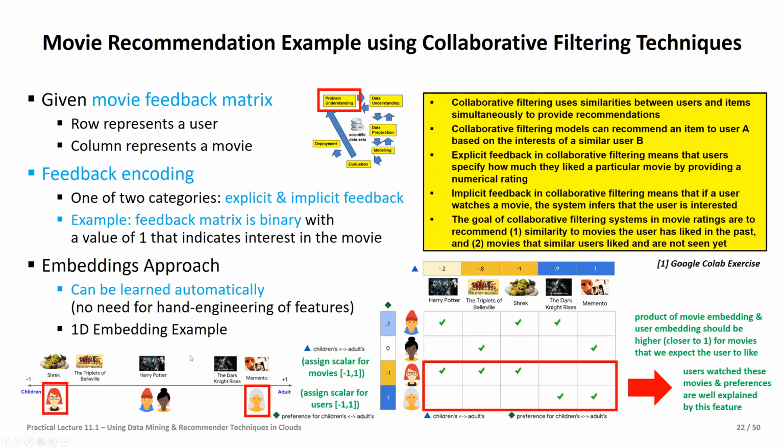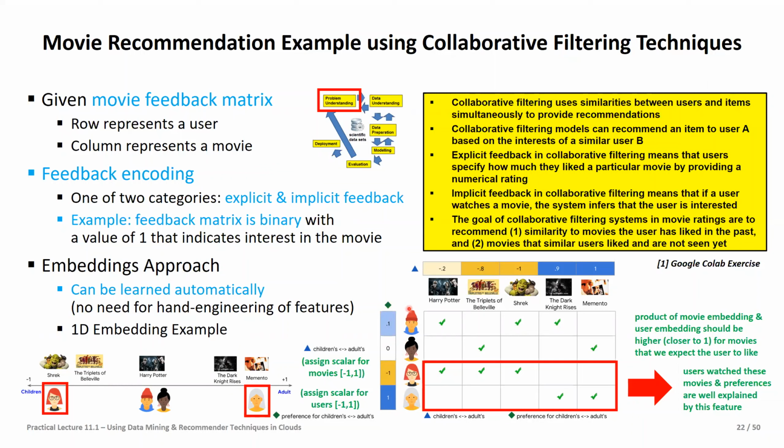So this is not an extreme, and that's why we need numerical values helping us in these latent features. What you see here are manually crafted features: one represents the preference for children's and adult movies, and the other the preference of the people watching children's or adult movies.